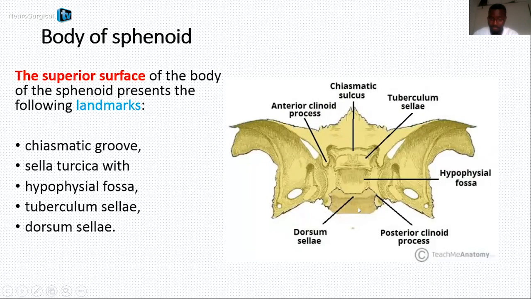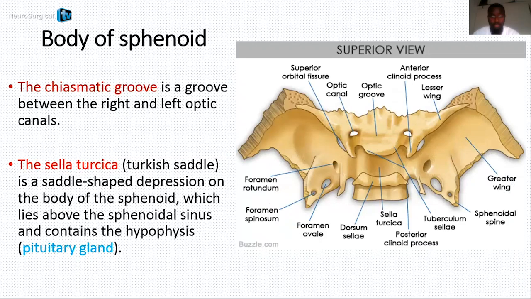So we're going to describe now the chiasmatic groove. The chiasmatic groove is a groove between the right and left optic canals. You can see here the body of the sphenoid has two optic canals, one on the right side and one on the left side, and between these two optic canals you have the optic groove, as you can see here.